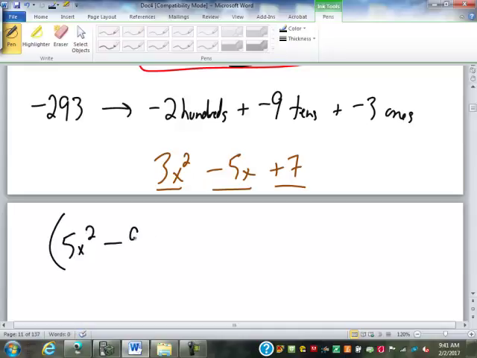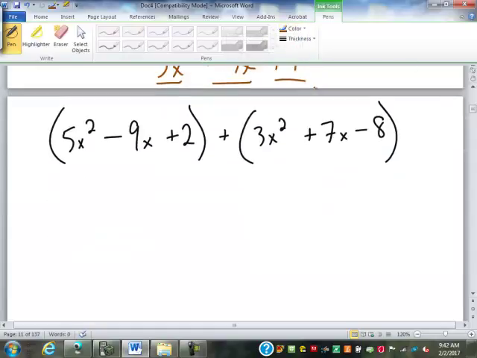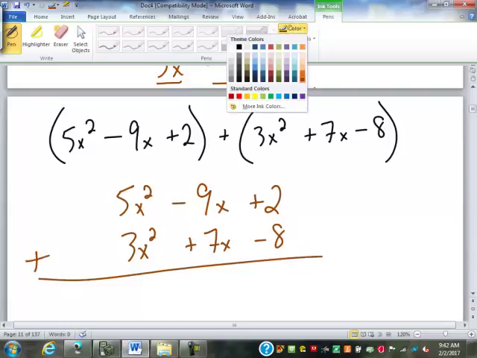So 5x squared minus 9x plus 2 plus 3x squared plus 7x minus 8. So I'm going to line these up. 5x squared minus 9x plus 2. Line up the x squareds. Line up the x's. Line up the 1s. And we are adding down the columns.